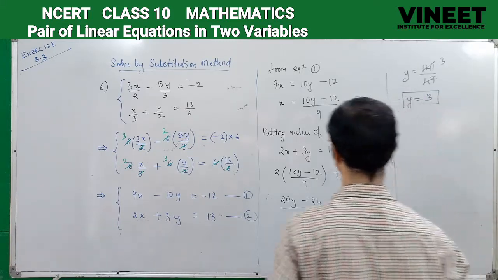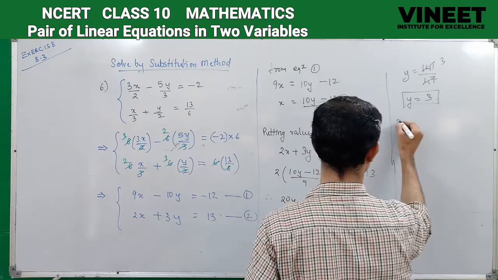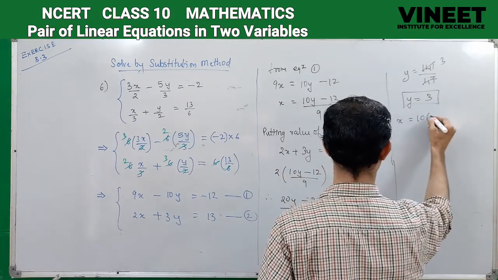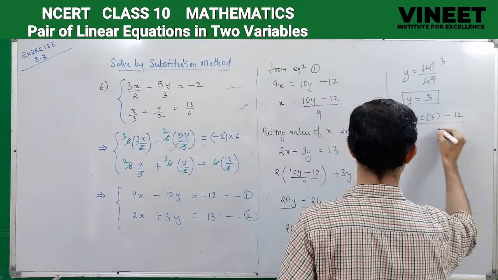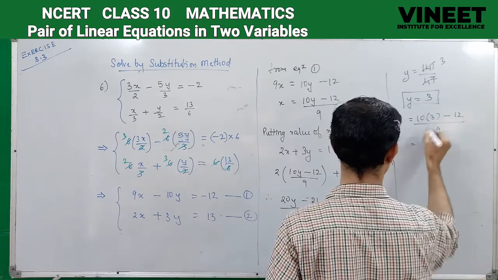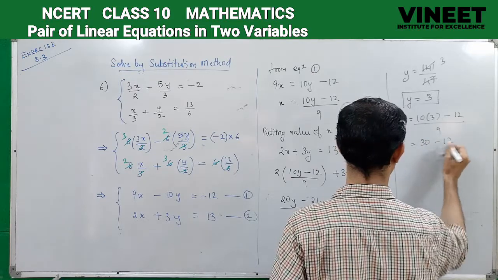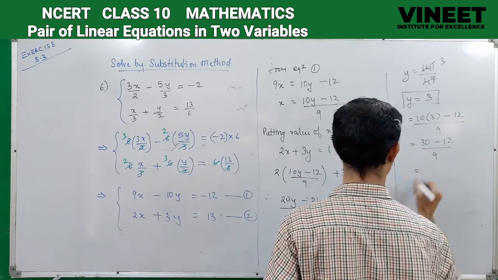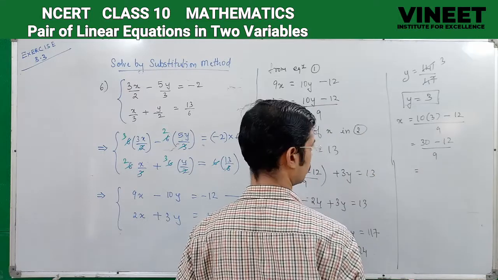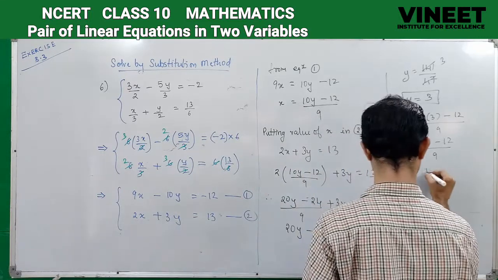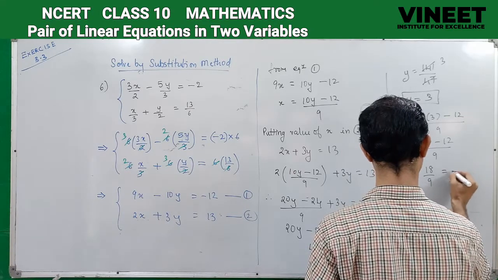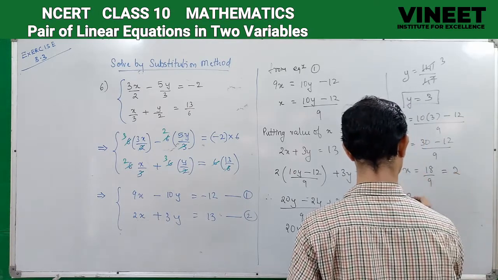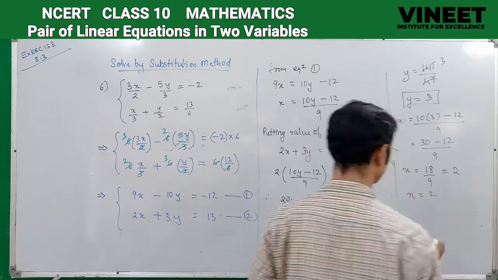Now placing y equal to 3 in this expression, x is equal to 10 into 3 minus 12 whole by 9. So this is 30 minus 12 by 9. 30 minus 12 is 18. So 18 by 9, and what is 18 by 9? It is 2. So x is equal to 2.